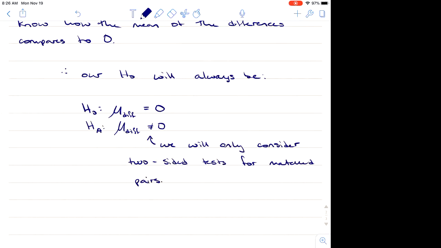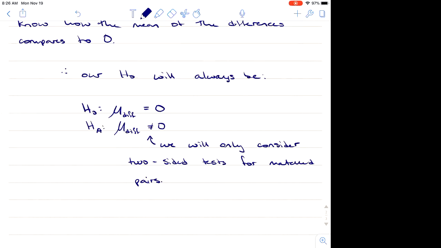So once you've decided, right, because now we've got two different question types that we've talked about, one sample mean or matched pairs. You're gonna have to read your questions and figure out, okay, what do I have here? If you've decided that you have matched pairs, that's great, because then you know that your null and alternative hypothesis are exactly on your formula sheet.